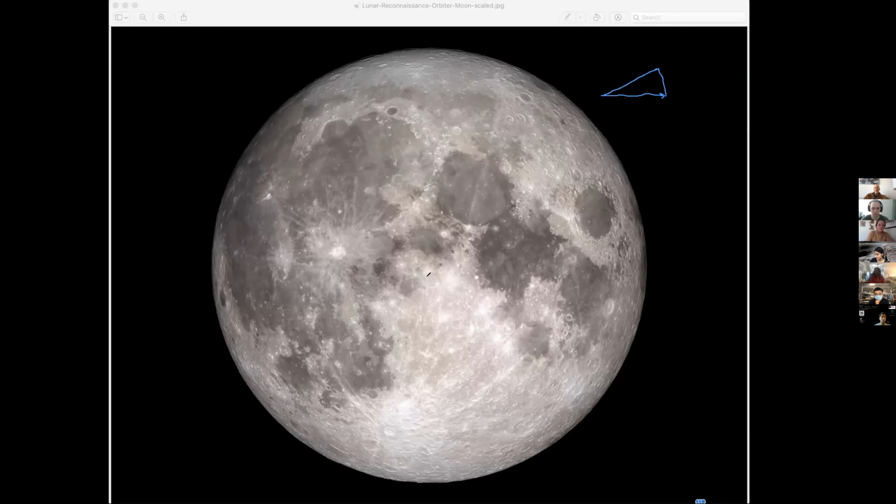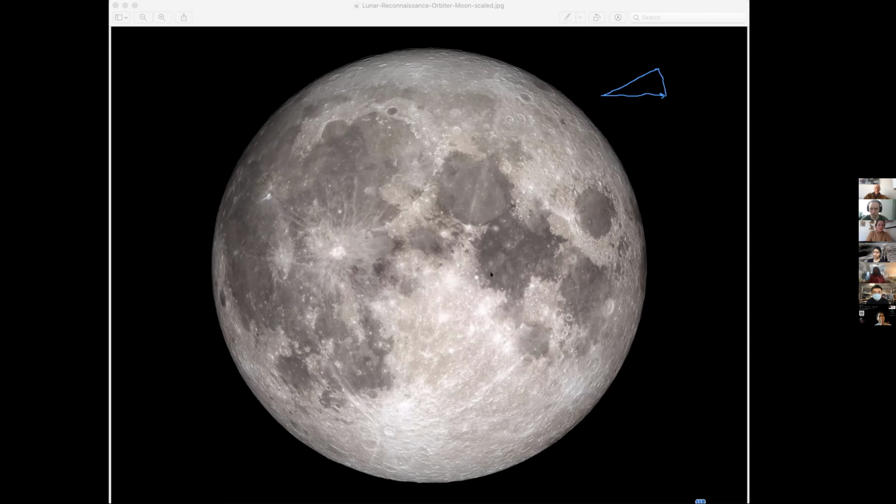Oh, and the other thing is, for the Apollo missions, they had the service module, which was waiting there to take the crew back, continued to go around in equatorial orbit.